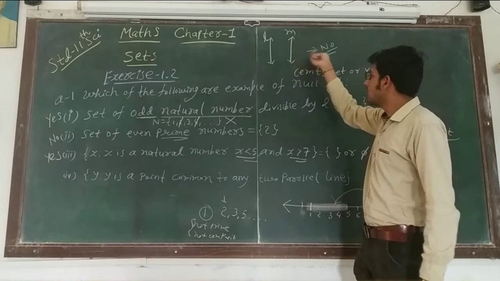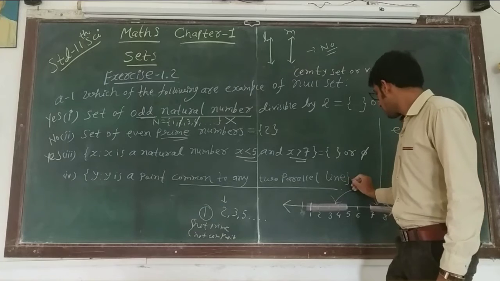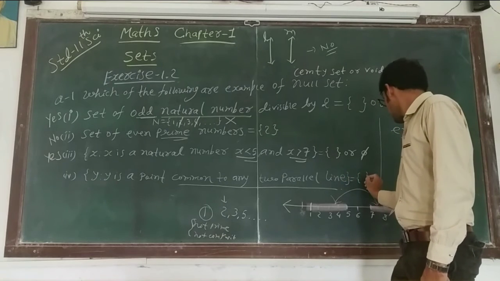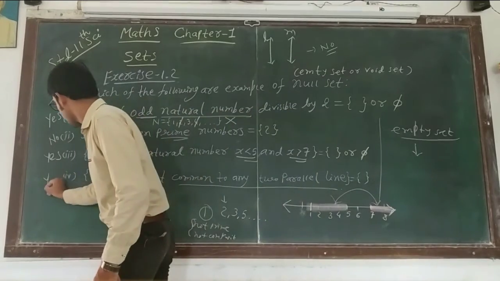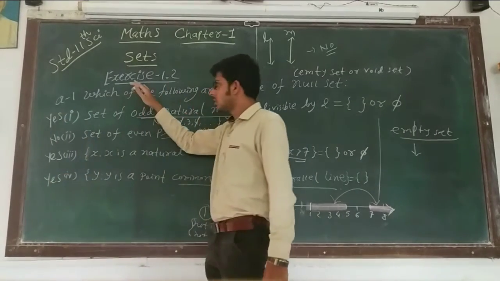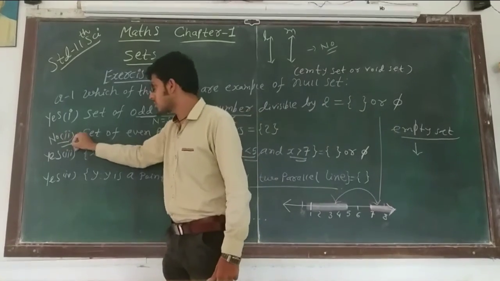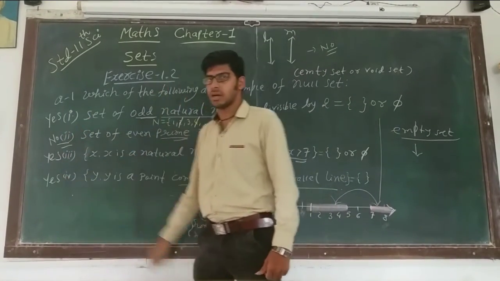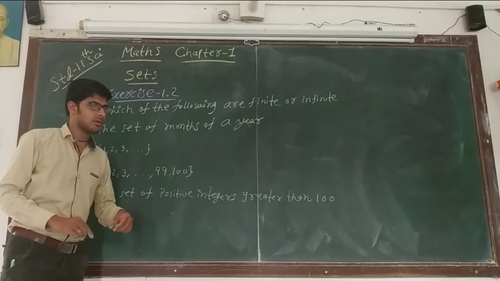So there are no common points. So the answer is null set. So in question number 4, of the above four, only the second is not a null set; first, third, and fourth are null sets.